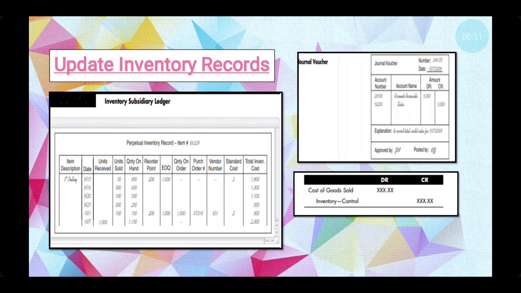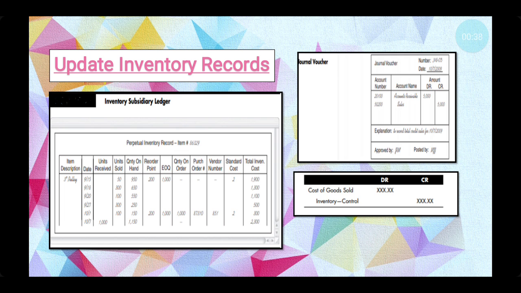So dito na tayo sa update inventory records. Sa perpetual system, they keep track of inventory balances continuously and update inventory subsidiary accounts from the stock release document. And yung figure ng inventory subsidiary ledger, yung stock release document, pinapababa yung quantity on hand in every inventory account.